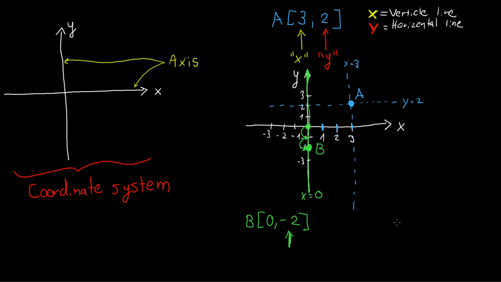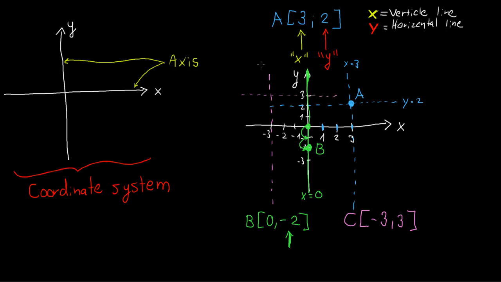Let's do the last one. Last one, let's go with the point C. I'm going to decide that it's going to be -3 and 3. Again, we can help ourselves by drawing firstly a vertical line on -3 and then a horizontal line on y equals 3.